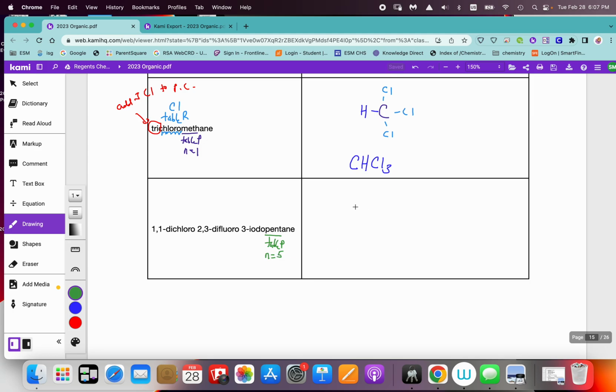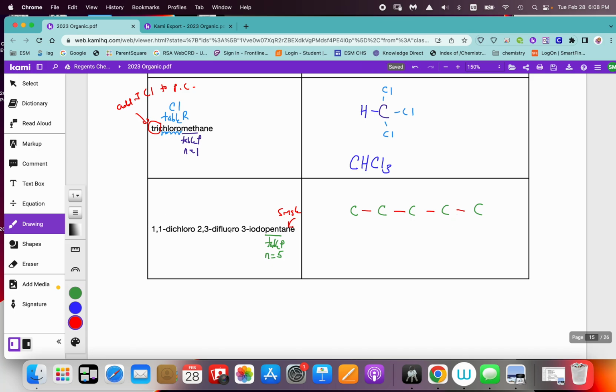So I need to draw 5 carbons. I notice the name ends in ane, so that means there are only single bonds in the PC. So I'm just going to put 1 dash between each of the carbons.